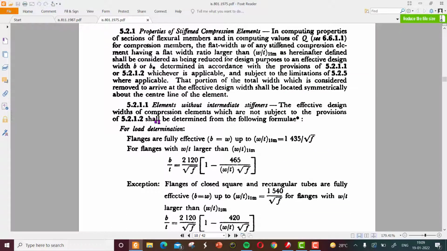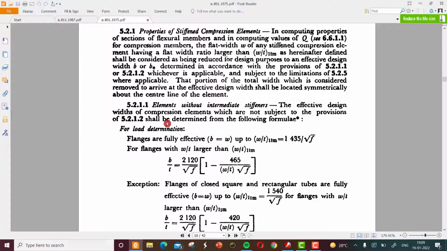We have discussed the important term called effective width in the last video, which is the width which is actually participating in taking the load, or the width we are considering to be fully effective in taking the stress.